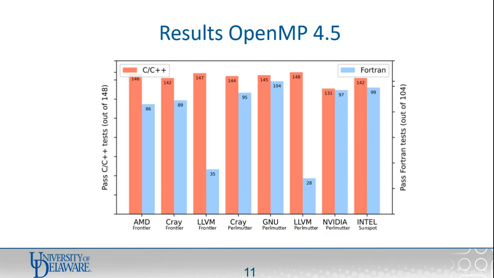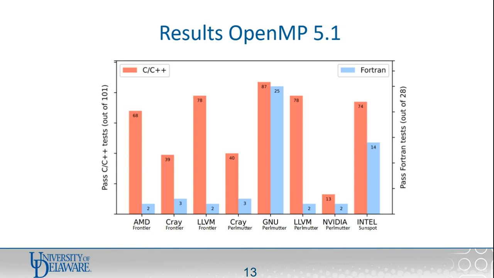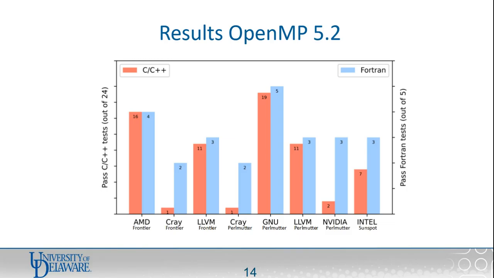In general, 4.5 coverage is the largest, but this trend does not hold for all versions, as you can see. 5.0 coverage is still relatively large. 5.1 coverage is noticeably less due to lacking coverage for certain implementations. 5.2 has less coverage, and it is also notable that 5.2 has fewer tests available for checking coverage.